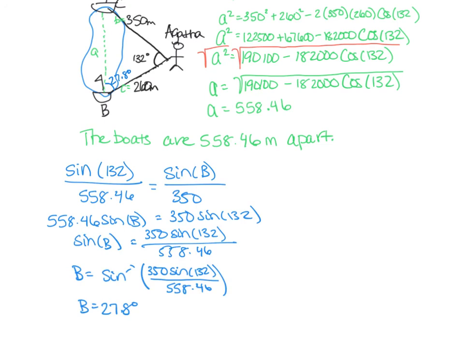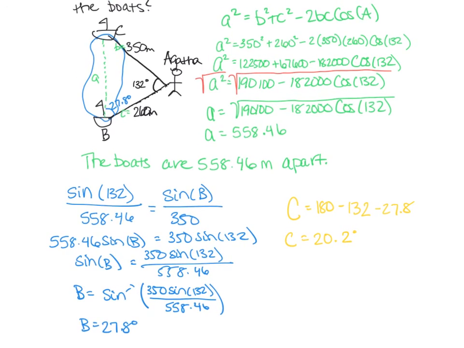So now we're going to do angle C. Angle C is going to be 180 minus my angle A minus my angle B. And 180 minus 132 minus 27.8 is going to give us 20.2 degrees. So this last angle up here, oh, there's not a ton of space, 20.2 degrees.